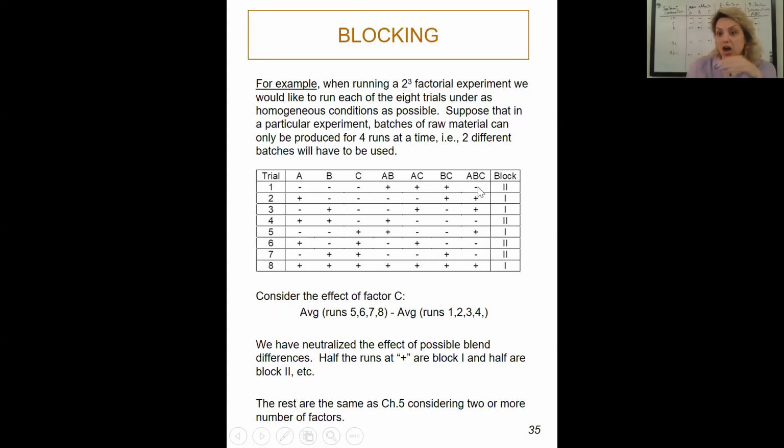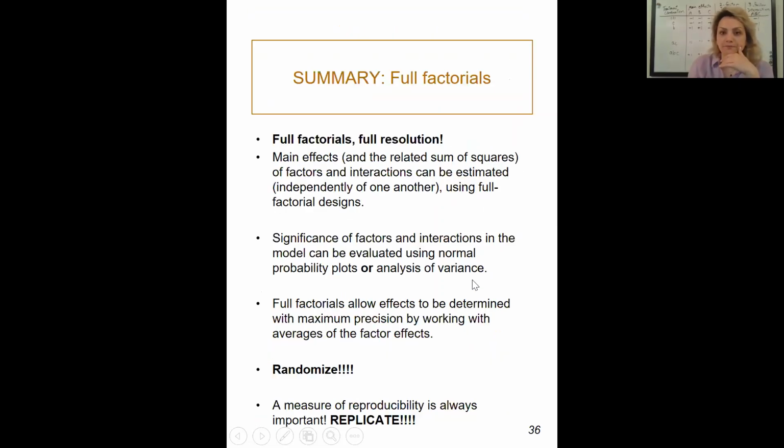ABC is the highest-order interaction that we would have, the third-order interaction. So negative, positive, positive, and then negative. Whatever was low in ABC, we assigned to one block, and whatever was positive in ABC, we assigned to the next block.